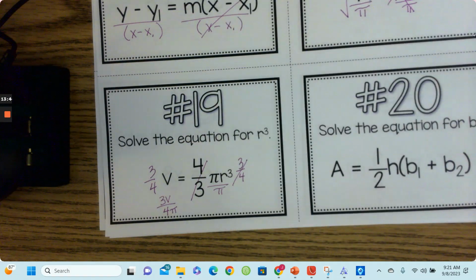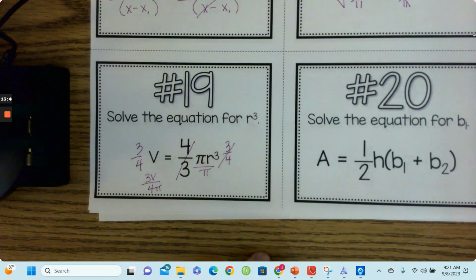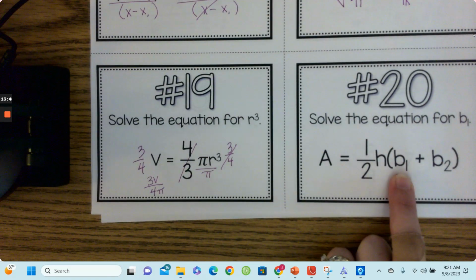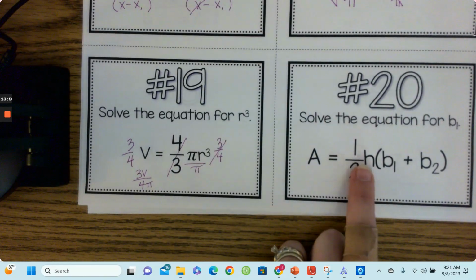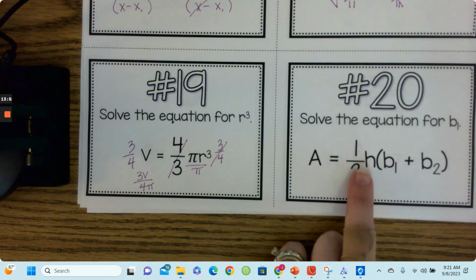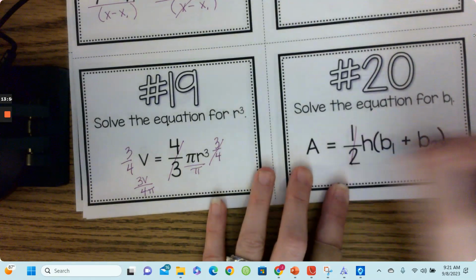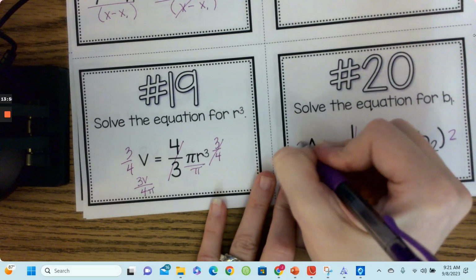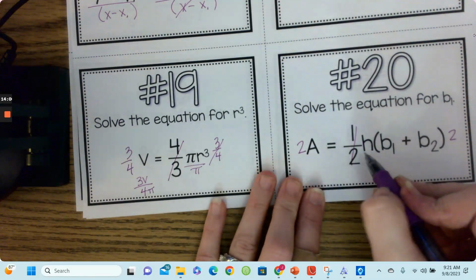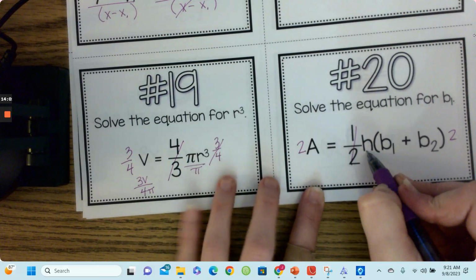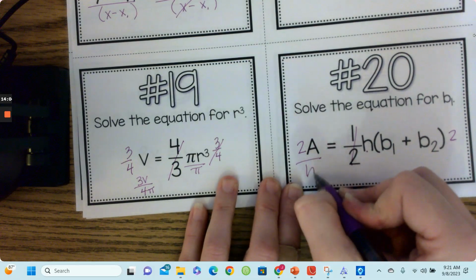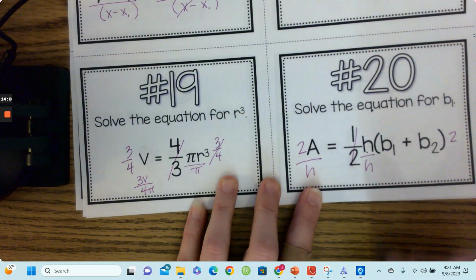And then last one, number 20. Solve for b1. I need to get all this out of the way. All of this is being multiplied. So undo multiplying by half: we multiply by a 2. Undo multiplying by an h: we divide by h, and that cancels.